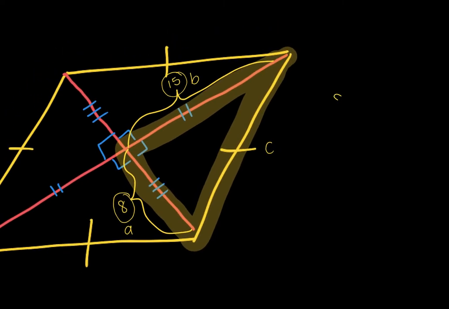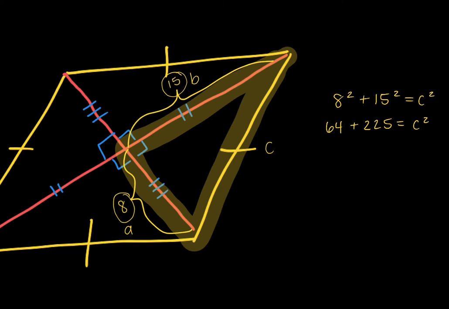So we've got 8 squared plus 15 squared equals C squared. 8 squared is 64 plus 15 squared, I'm going to use my calculator, which is 225, equals C squared.